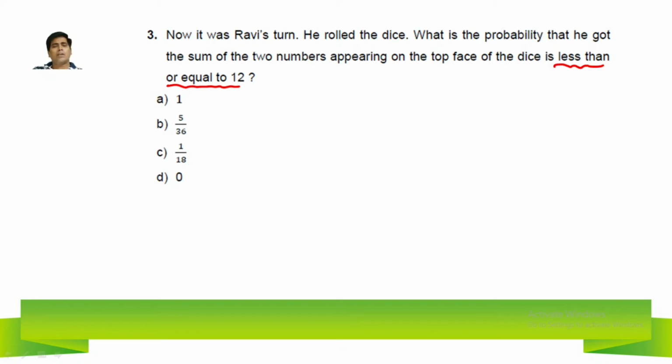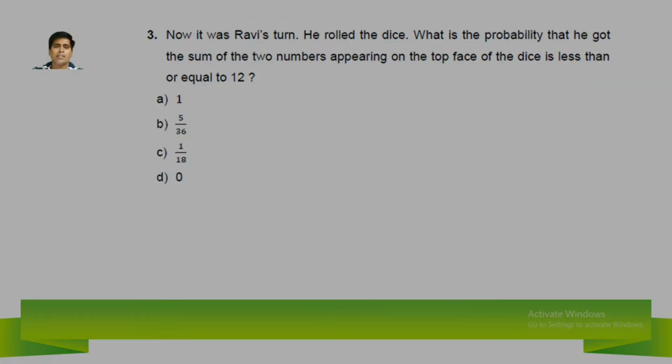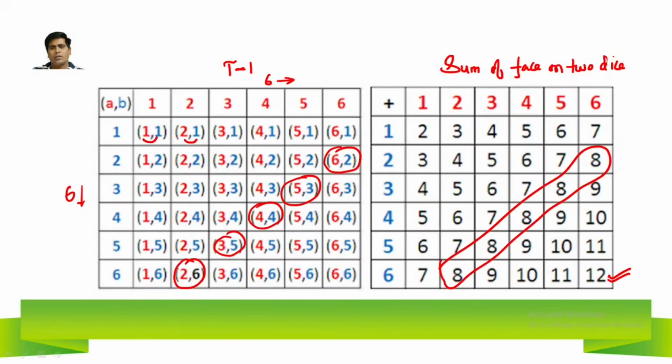So what is the probability of a certain event? It's 1. For all certain events, the probability we calculate is 1. It is a sure event, definitely it will happen. So it is less than 12 or equal to 12. We can cross-check by the result also in the table.